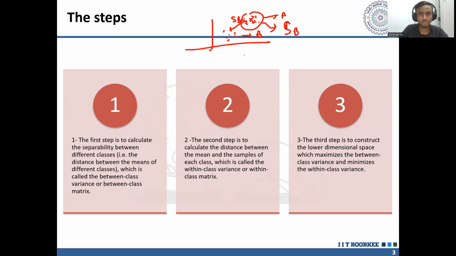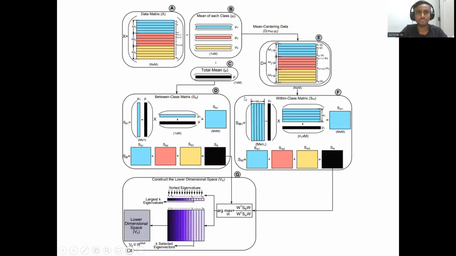And then we find a lower dimension or a lower space by maximizing the distance between the classes and minimizing the distance within classes. Let me explain this to you visually.